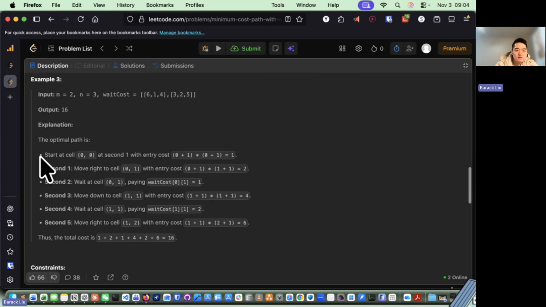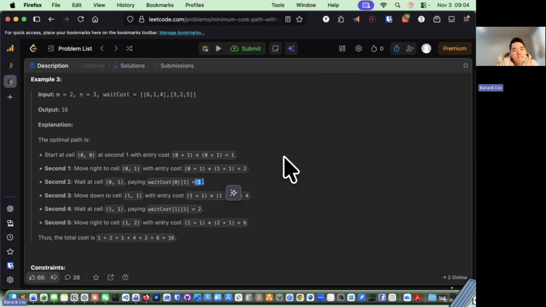So start at (0, 0). Entry cost is 1. Then move right to cell (0, 1). The entry cost is 2. Next second, wait at cell (0, 1). Wait cost is 1.